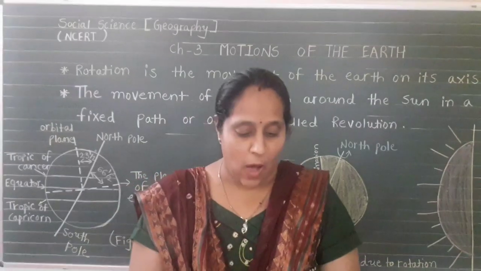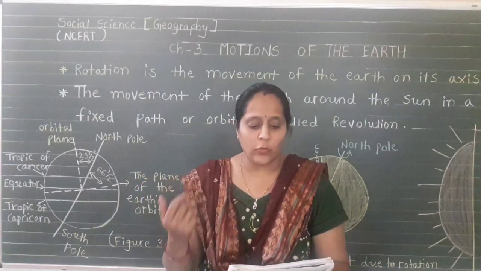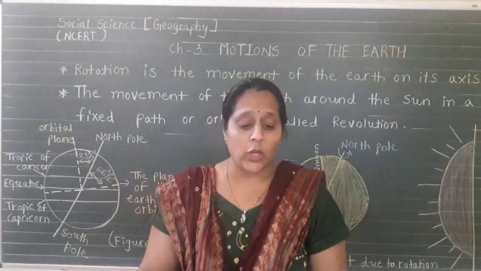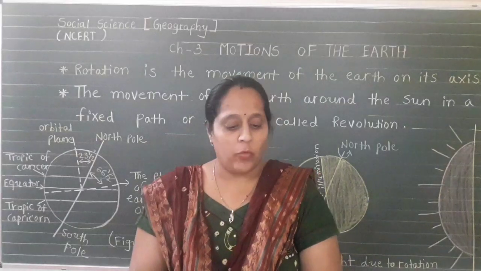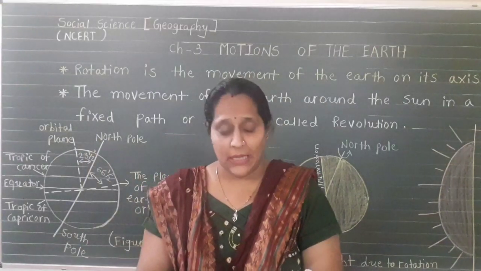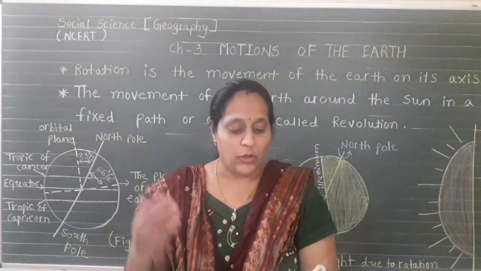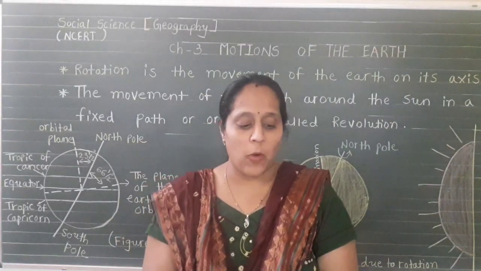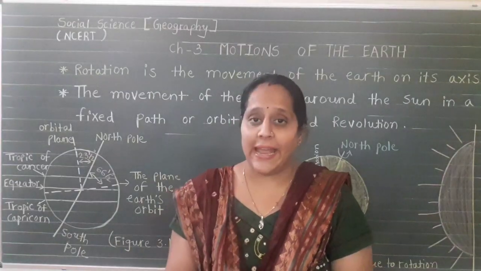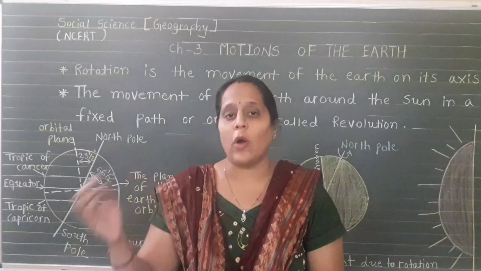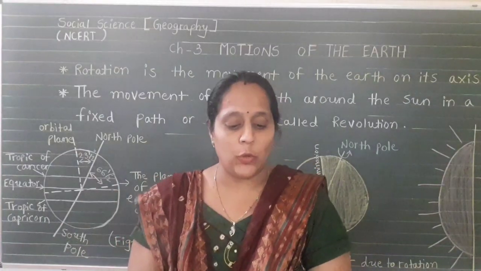Now what would happen? Just imagine what would happen if the earth did not rotate. The portion of the earth facing the sun would always experience daytime. If our earth did not rotate, then this portion only gets light and you experience day throughout the year, bringing continuous warmth to the region.